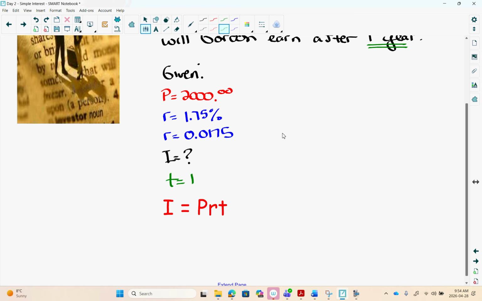I don't have to change anything. If I fill this formula in, it looks like this. 2,000 times 0.0175 times 1. So the principal would go in there. The interest rate as a decimal would go here. And my time in years would go here.